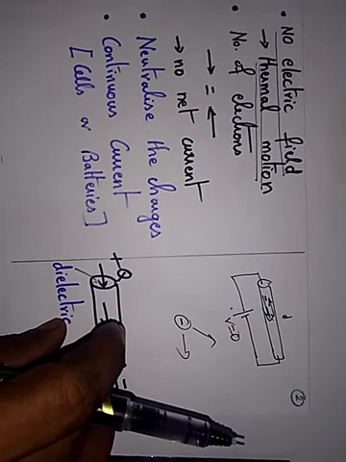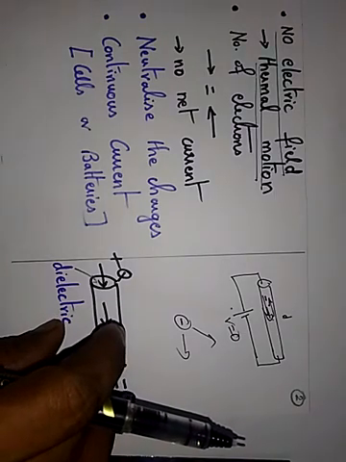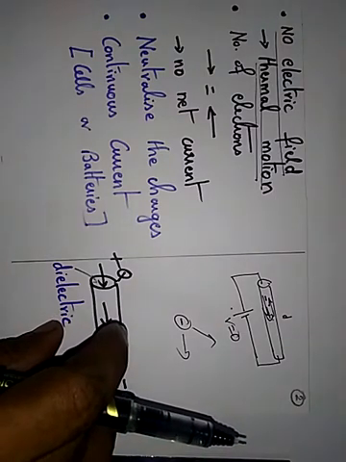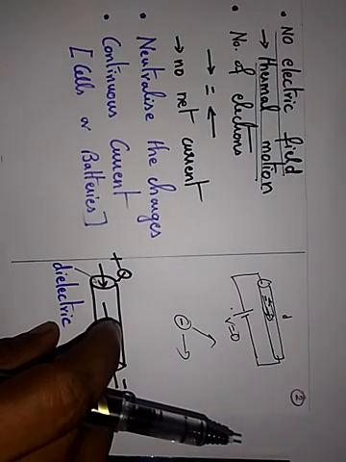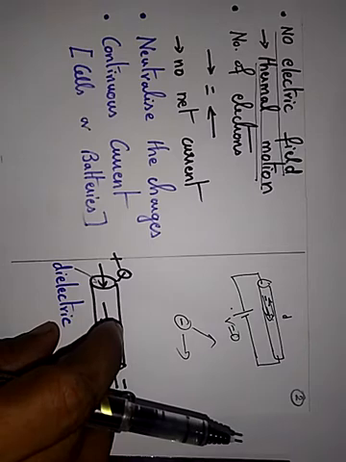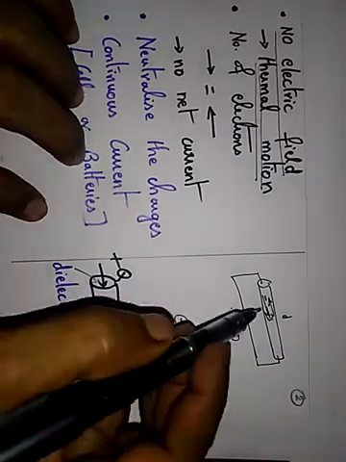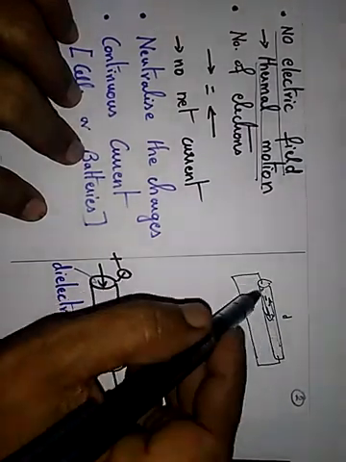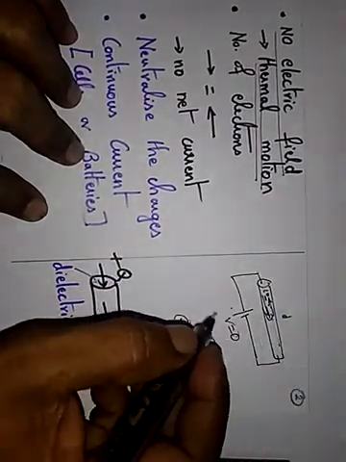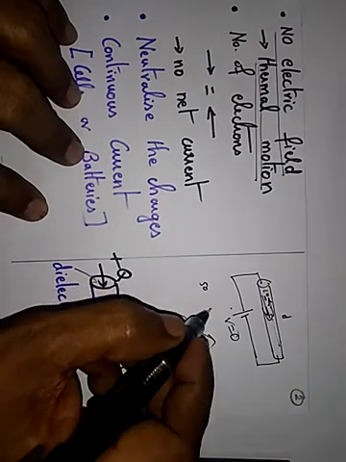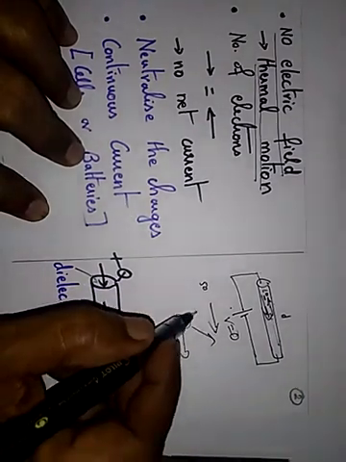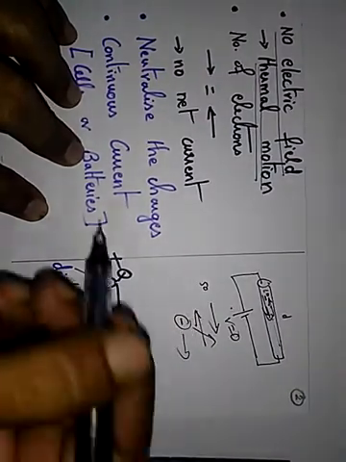So on average we can say the number of electrons traveling in any direction will be equal to the number of electrons traveling in the opposite direction. Suppose 100 electrons are there, some 50 electrons are moving in this direction, then another 50 electrons are moving in the opposite direction.